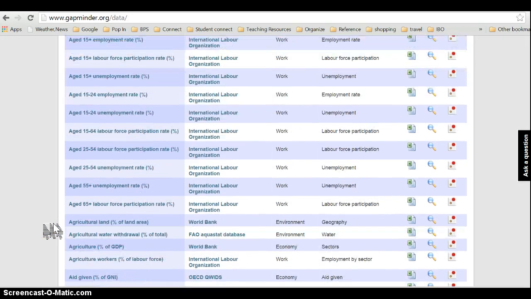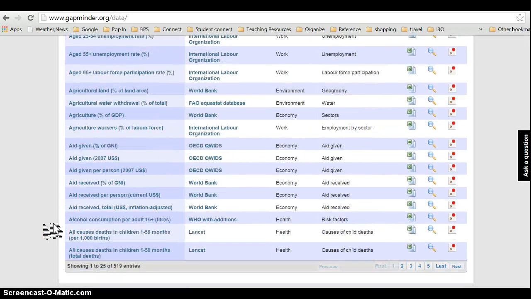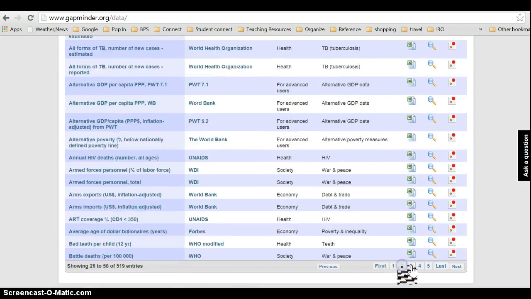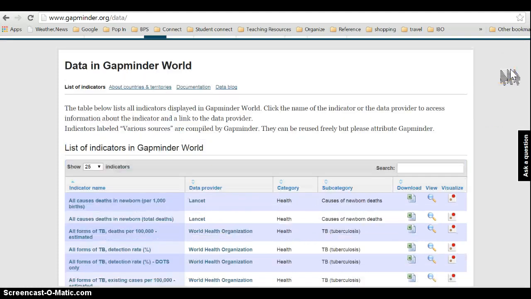Okay, so things like the number of people, the population, overall population in every country in the world. Okay, so you can have a look through those. You can download that data. So, very, very helpful website.